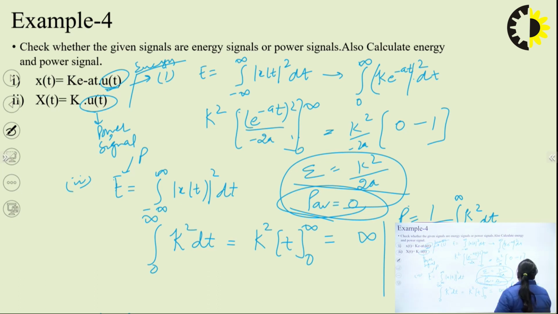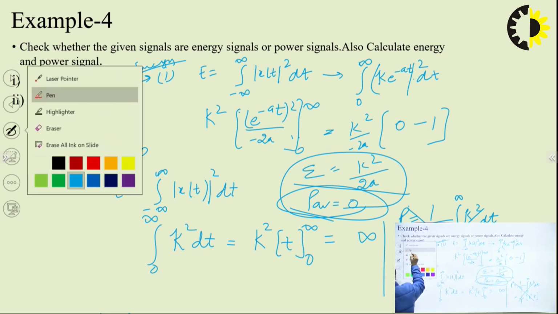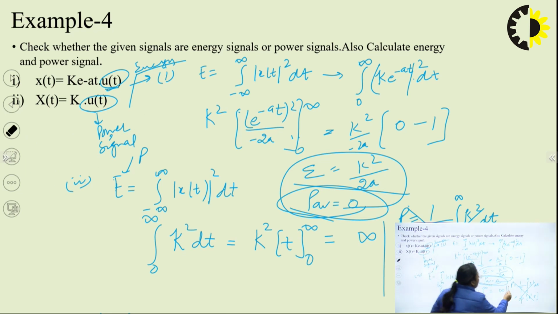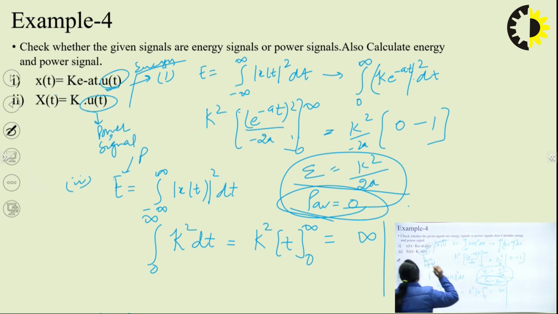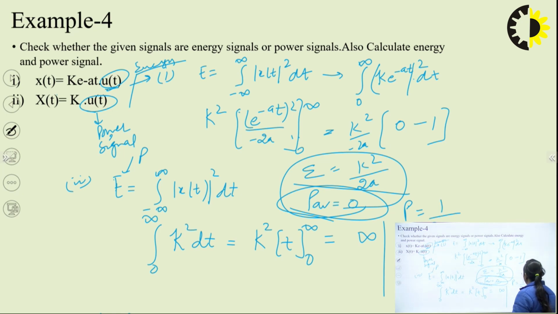Sorry, this is not the formula for power signal, I have to make a correction here. For power, I have to calculate 1 upon 2t, limit t tends to infinity, okay? And the value will be from 0 to t k square into dt.